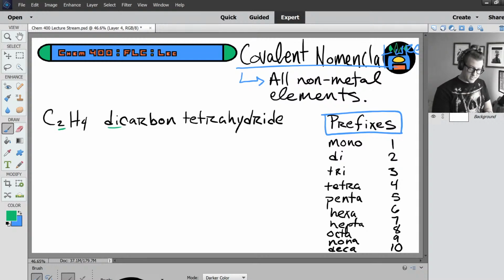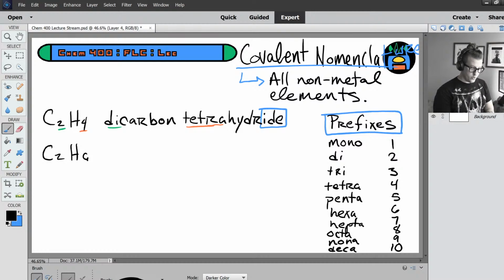Because we have two carbons, you give the prefix di. Because we have four hydrogens, you give the prefix tetra. And you'll notice that we're still hanging on to that -ide. Whatever element comes last gets that -ide ending that we're familiar with from ionic nomenclature.